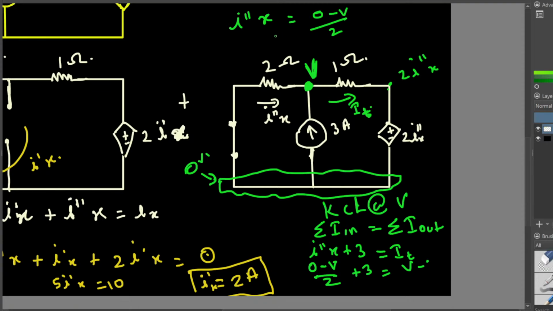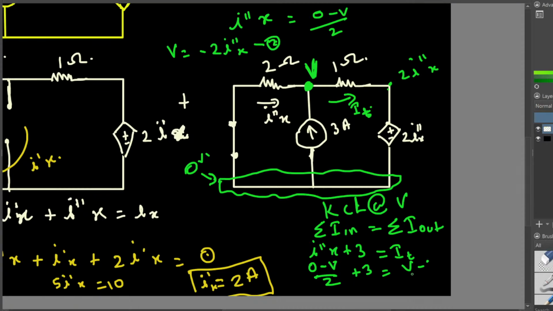So instead of v, we can put 2 I double prime x. We can do the substitution. So this is equation number 2. So we can use it. If you have two equations and 2 unknowns, we can solve it.